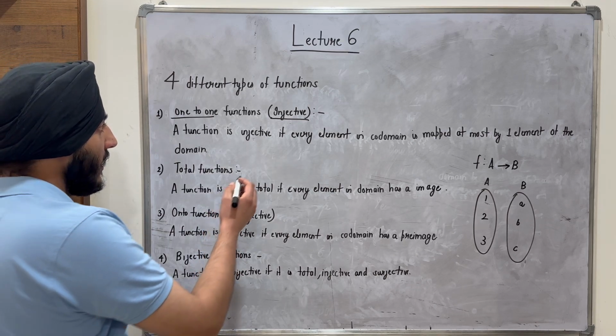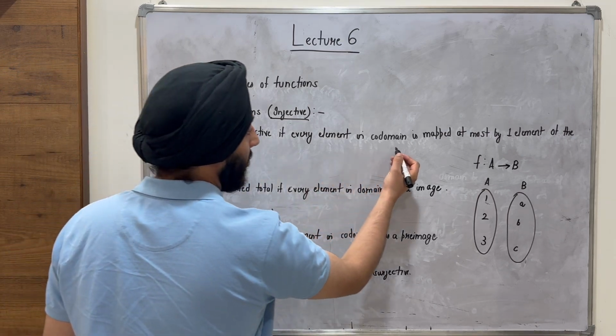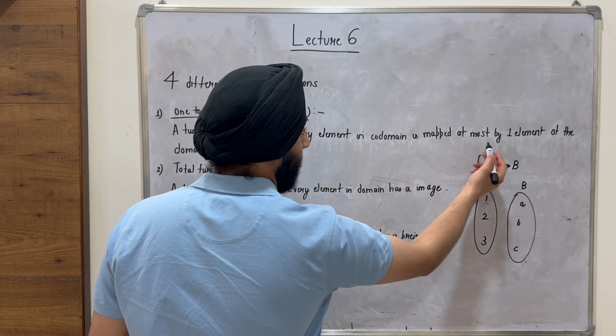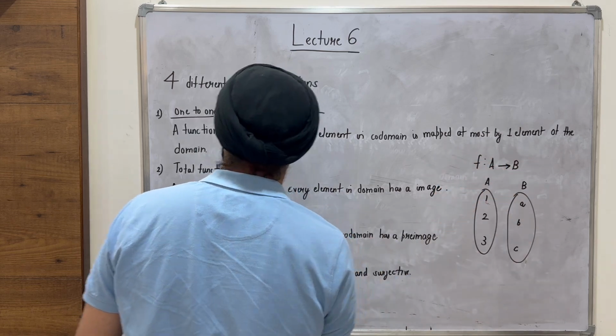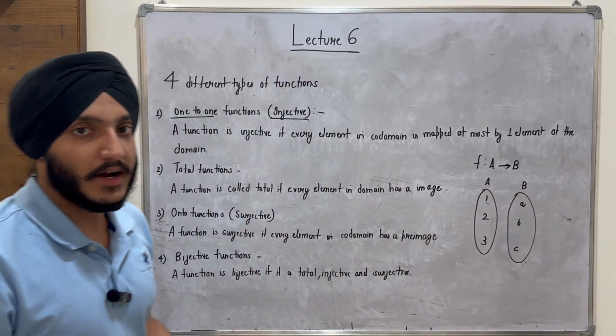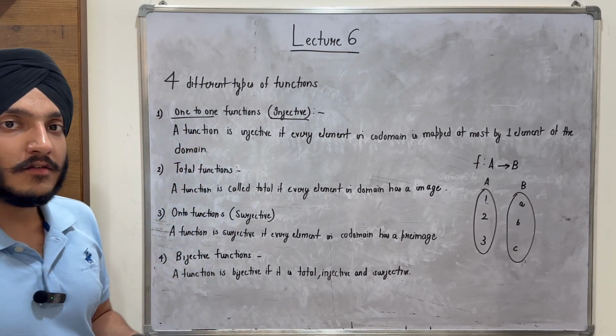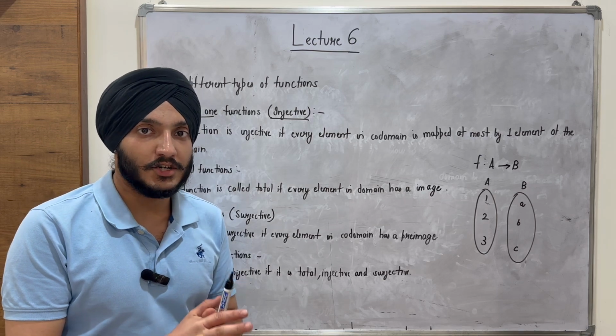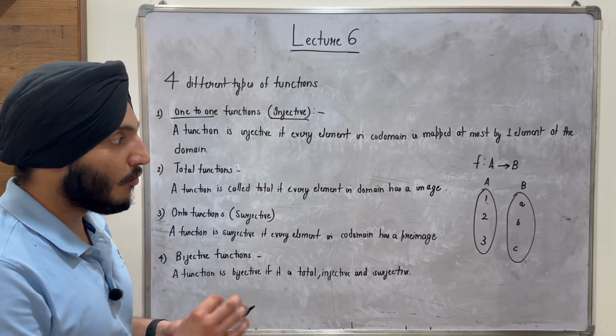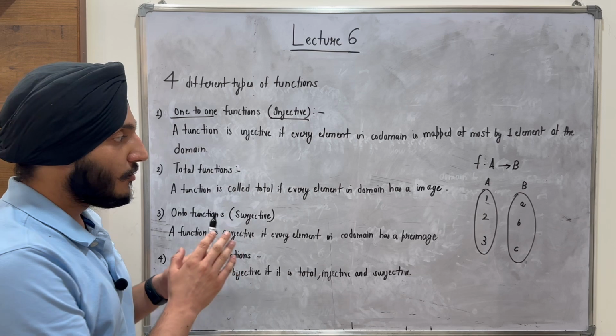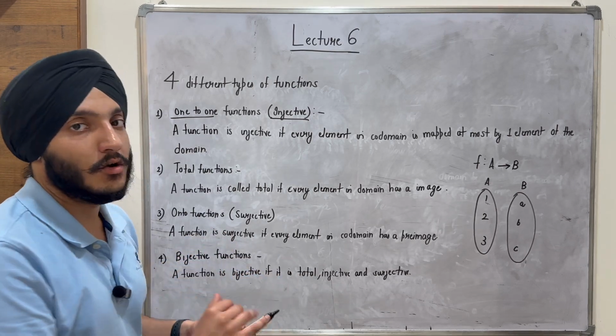So a function is injective if every element in the codomain is mapped at most by one element of the domain. Okay, let's try to understand what this means, right? Now if you remember the definition of a function, I told you guys there's one condition to understand whether something is a function or not.